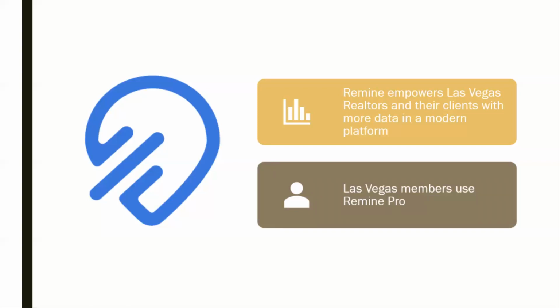Imagine if you're working in a different location and you would like to use Remine at that other place, and since you don't have it, you have to spend $200 a month for all this data that I'm going to show you.